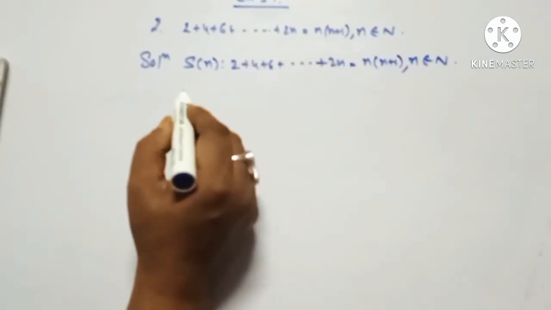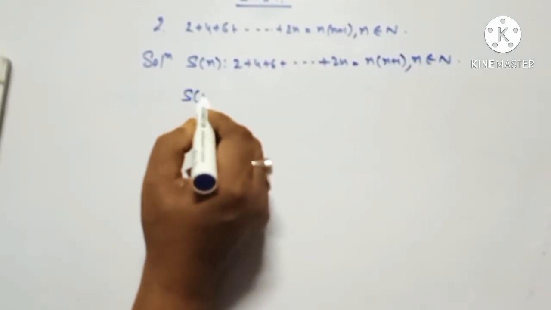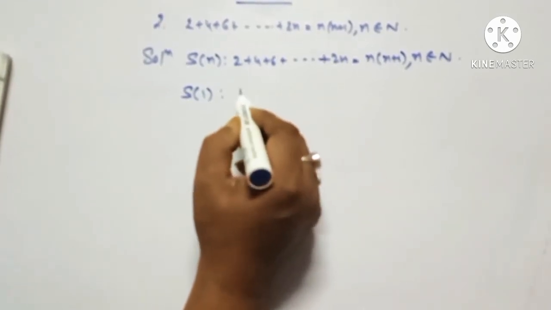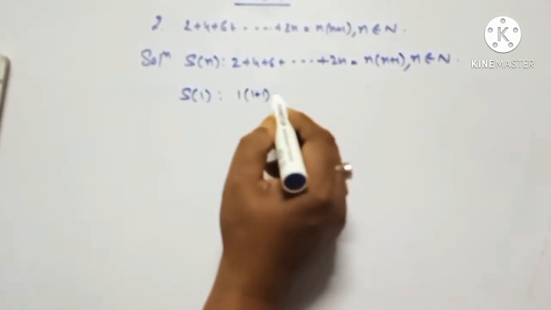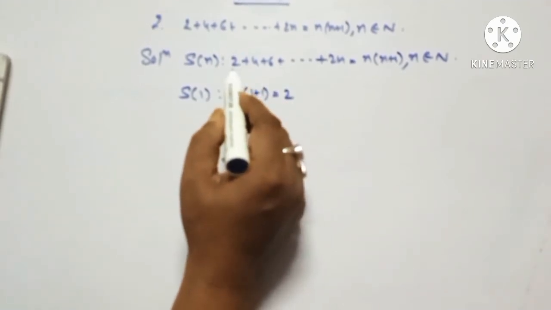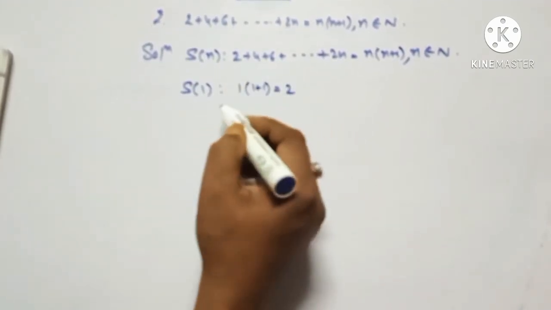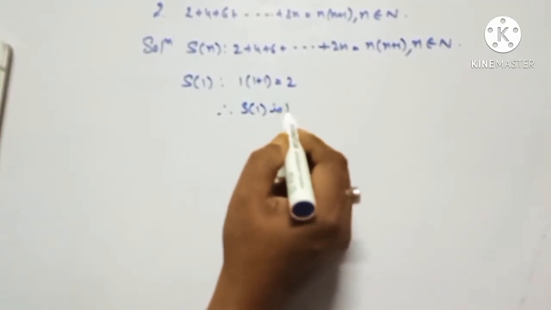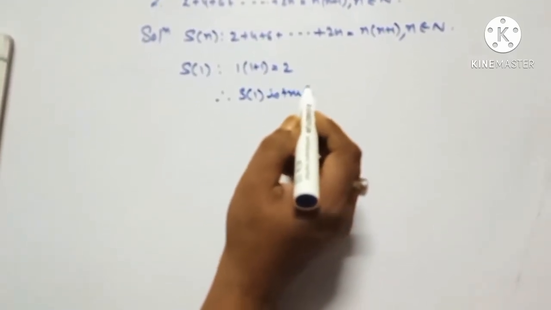So at first we are going to try for 1. For 1, this is 1 into 1 plus 1, which is equal to 2. See, the first term is 2, so therefore S1 is true.